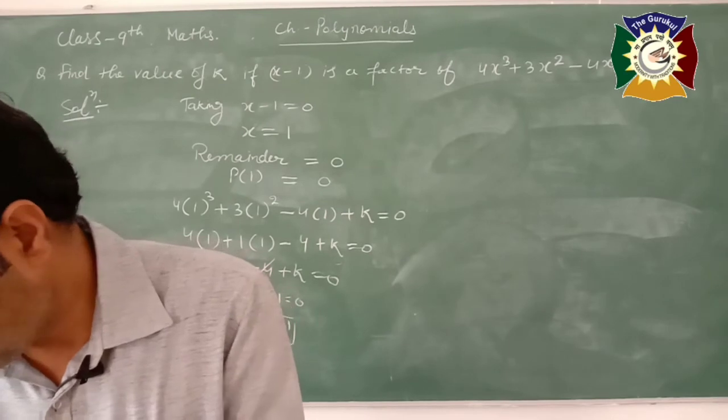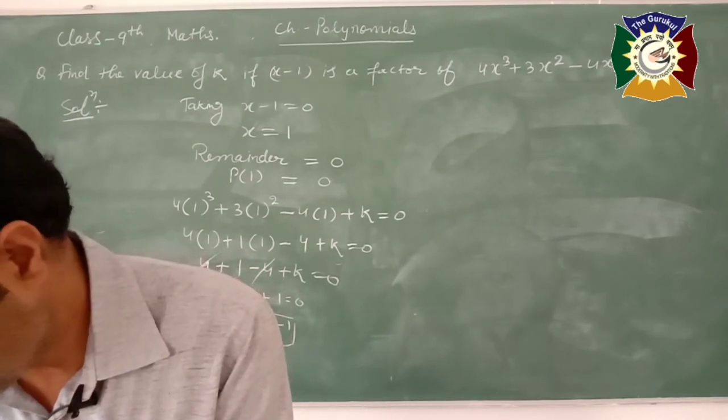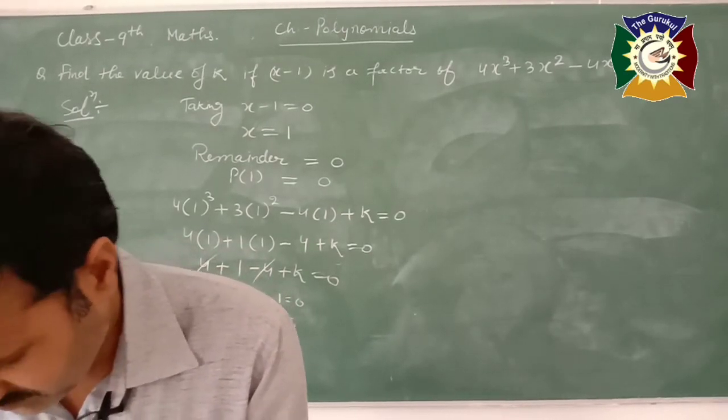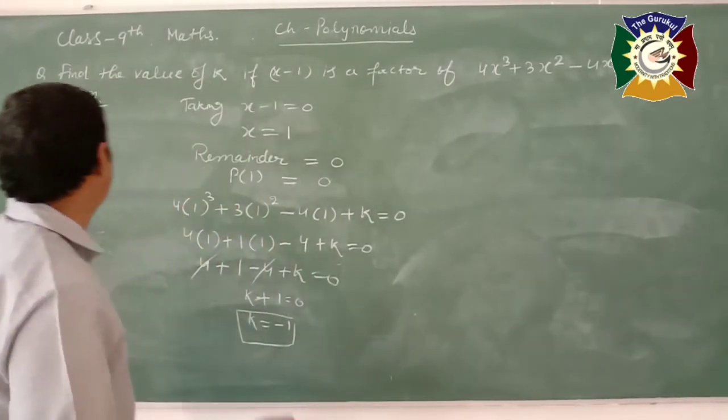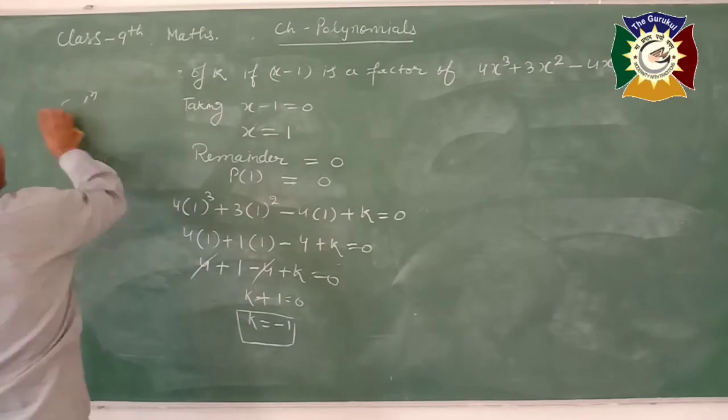One more example. If we have a cubic polynomial, then how can we find the factors?